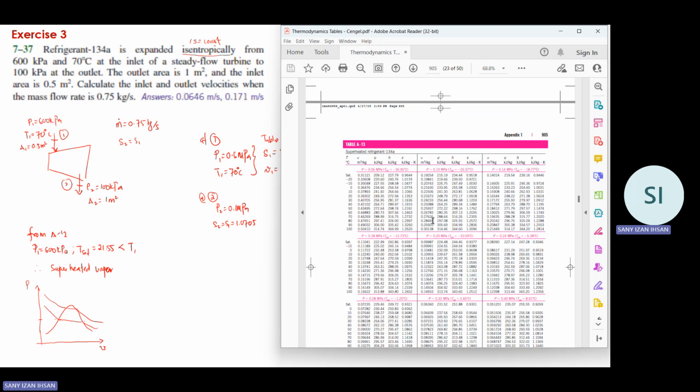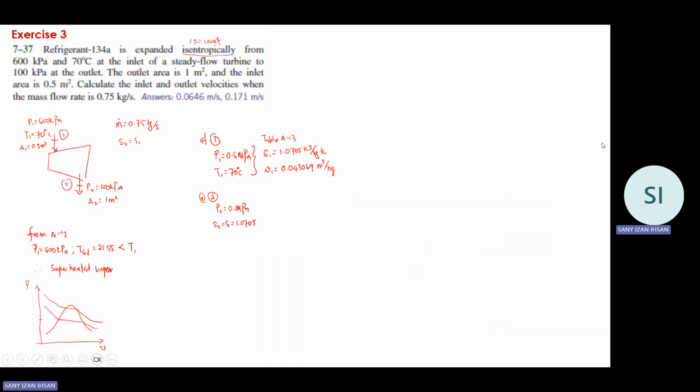Okay, so this is the table to refer. We know it is still superheated region, superheated vapor, but then we have to interpolate. So from the table, what we have is T, S, and V. Remember it falls in between temperature of 10 and 20.